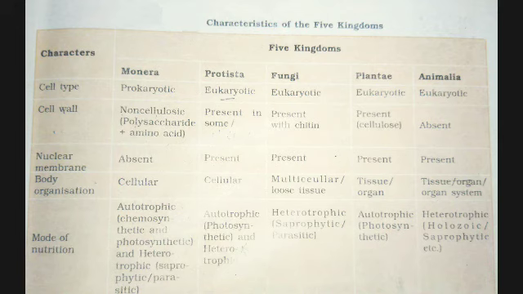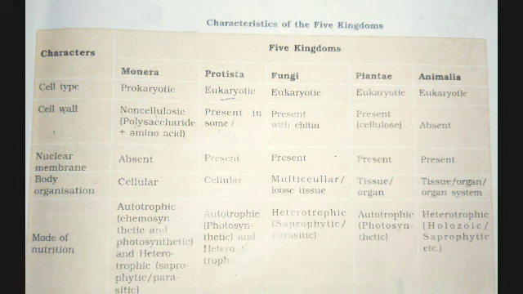Now the last kingdom is kingdom Animalia, right? So Animalia have the cell type eukaryotic. In the same way, a well-defined nucleus along with the nuclear membrane. Cell wall is absent in these because they don't have any special structure to maintain a cell wall. So cell wall in kingdom Animalia is absent, and nuclear membrane is present because the cell is eukaryotic.